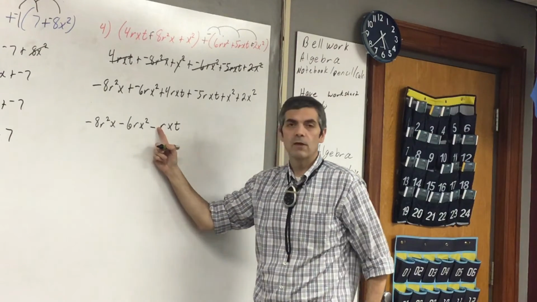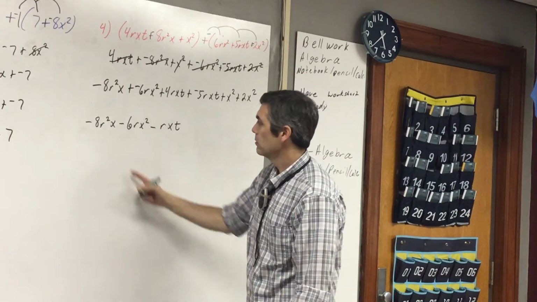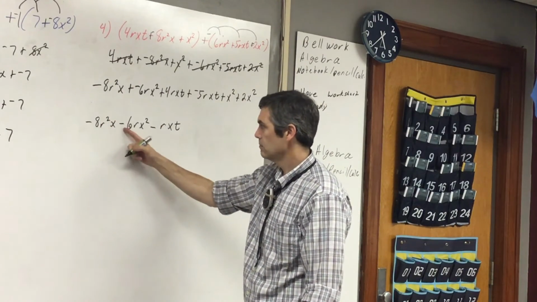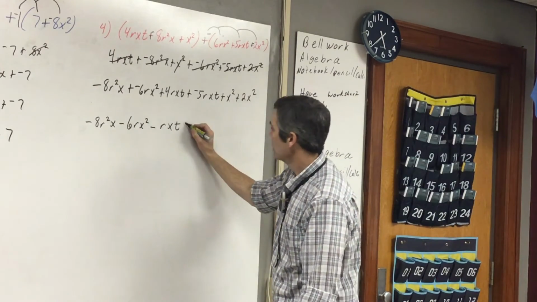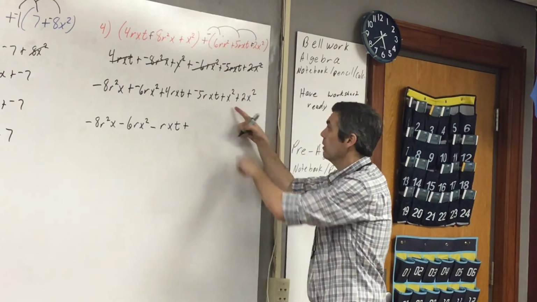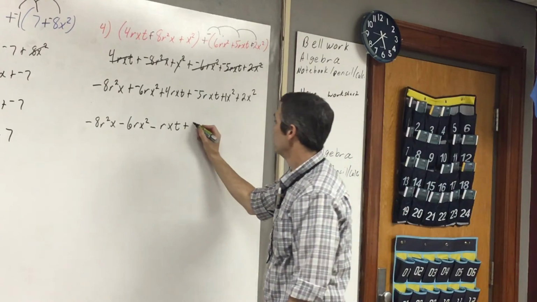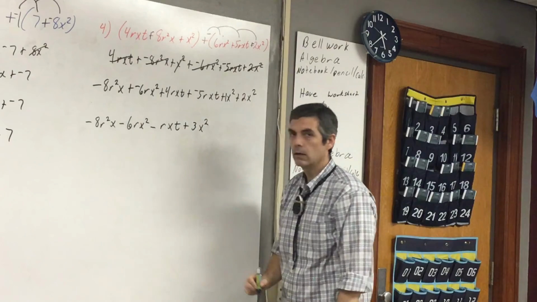Remember, if there's no number there, it's 1. So we have negative 8r squared x minus 6rx squared minus rxt plus, and then we combine these two. In front of that is an imaginary 1, so 1 plus 2 gets us 3x squared.